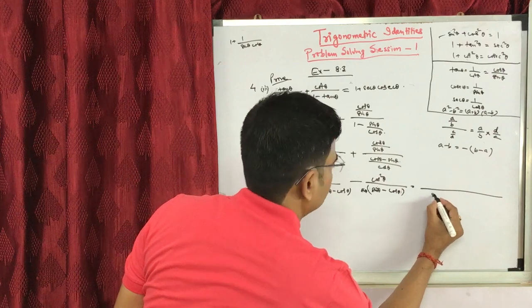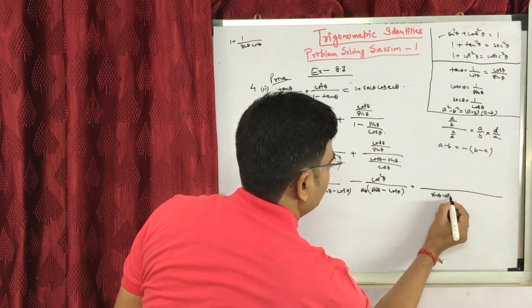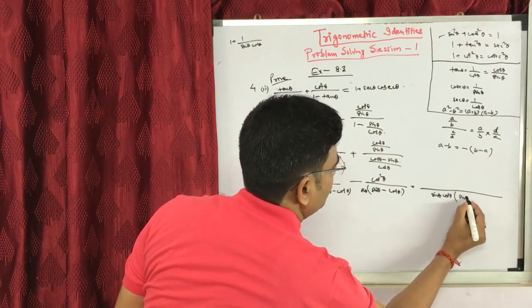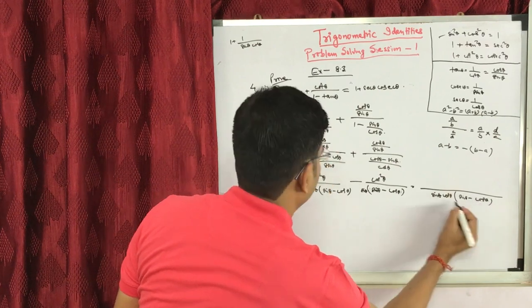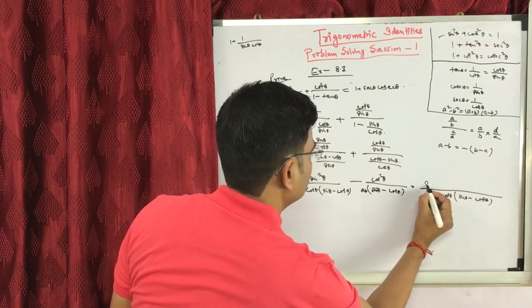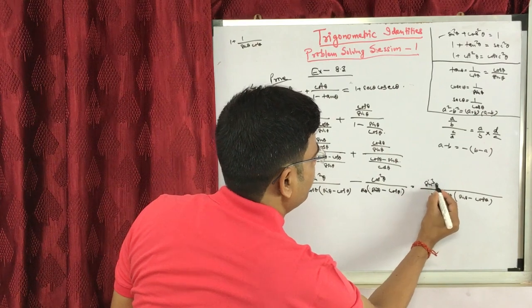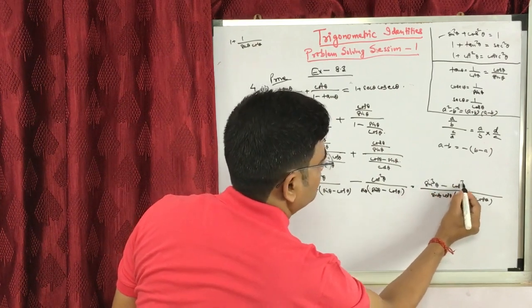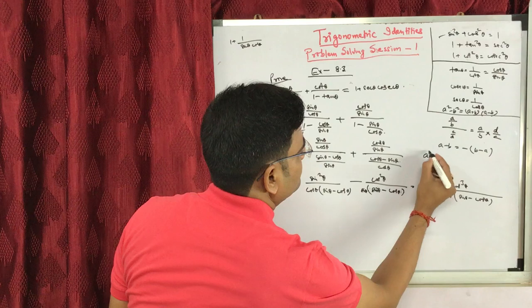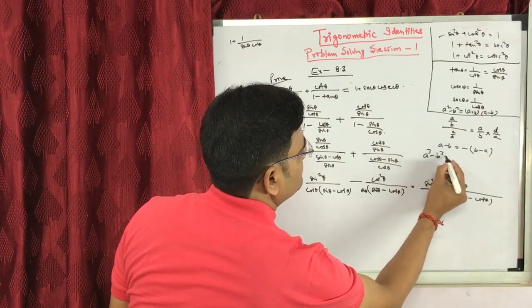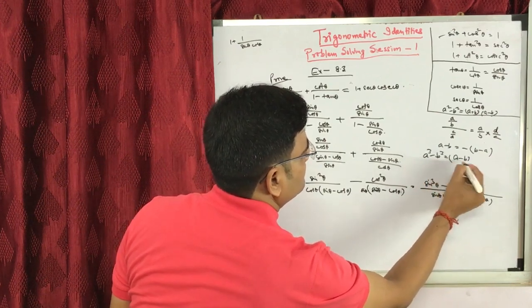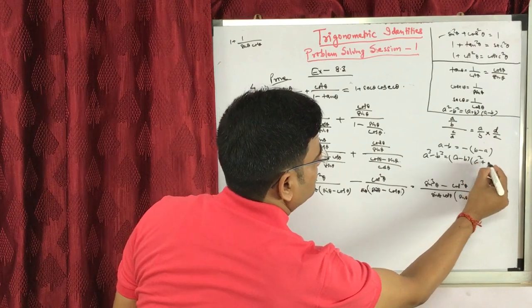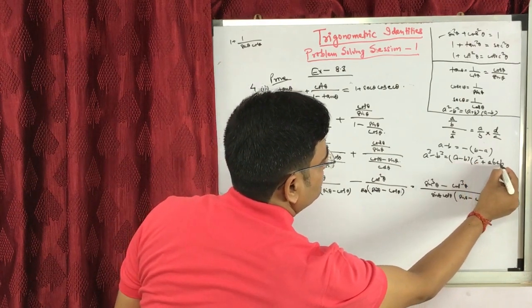Sin theta cos theta into sin theta minus cos theta, and above one becomes sin cube theta minus cos cube theta. A cube minus b cube, right? You know, a cube minus b cube is (a minus b) into (a square plus ab plus b square).